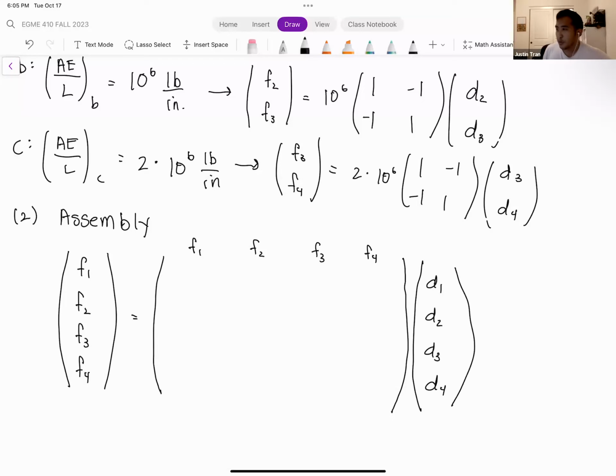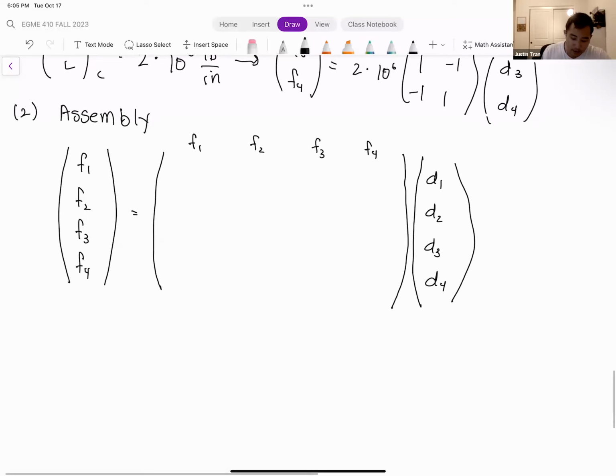Those columns there should be D1 through D4, but it doesn't really matter. We're just labeling the columns. And so just like we did before, let's go ahead and highlight the areas where we're going to plug in our elements.